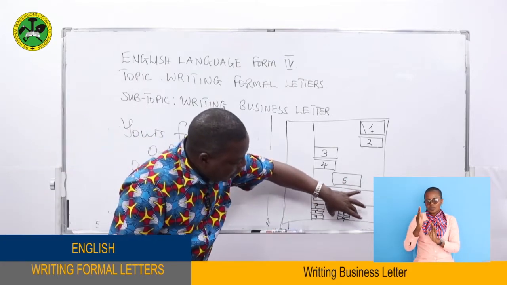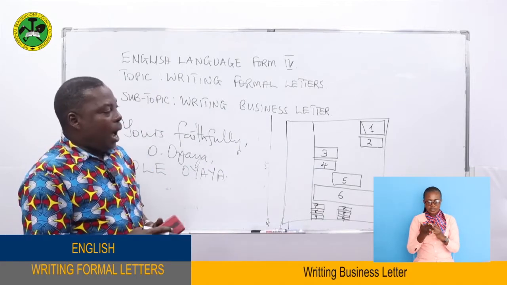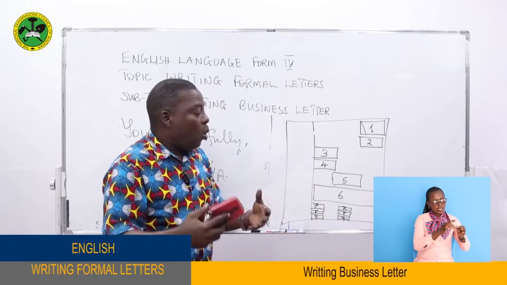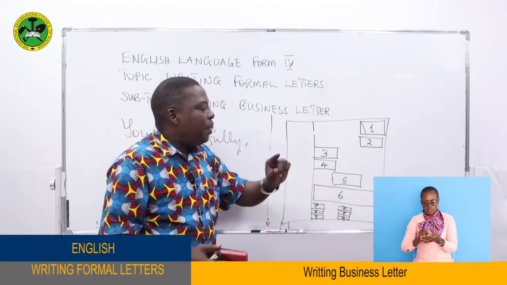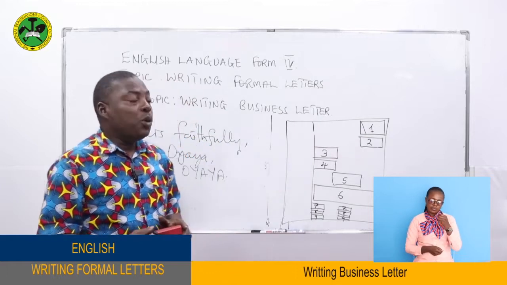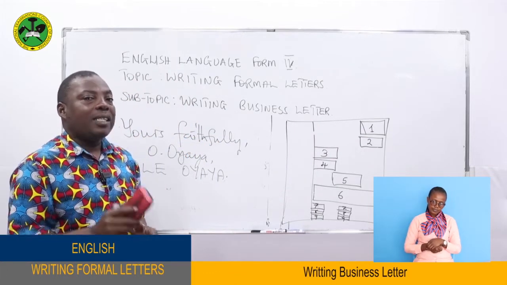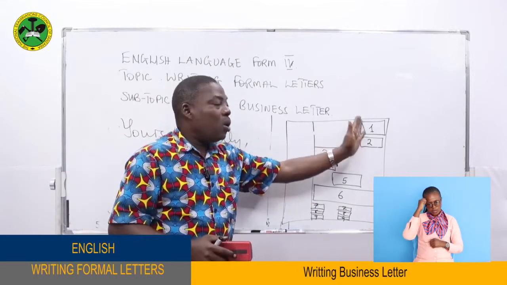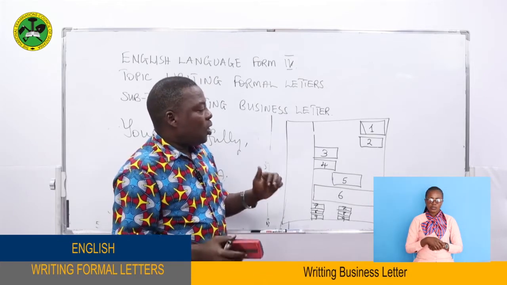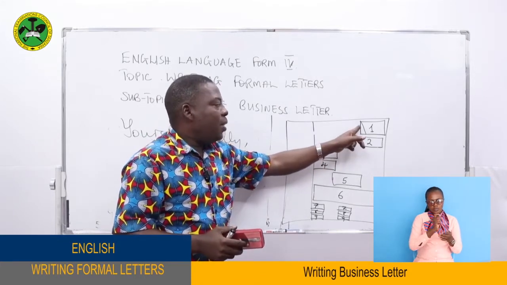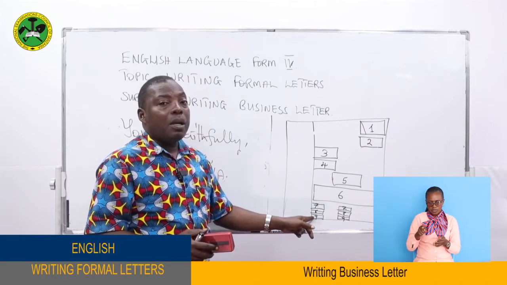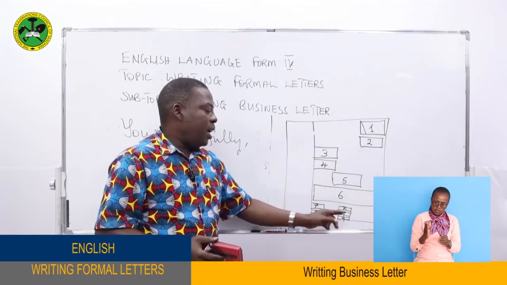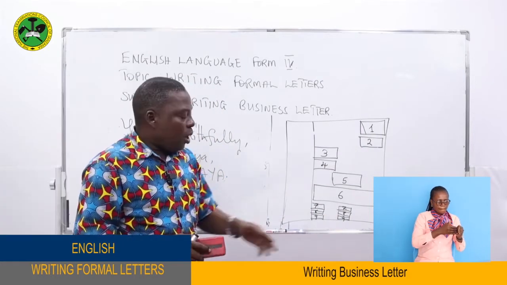But I put them here as one among the styles, which depends on the style that you have used when you were writing the sender's address. Remember I said a sender's address can be written in block or in slanted. So once you write it in block, then the ending should be closer to the marginal line. But when you write it in slanted, then of course the ending has to be somewhere in the middle of your page.